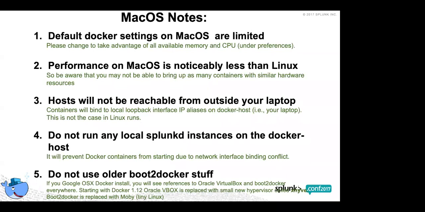It'll tell you, hey, I see one of those weird names that Docker assigns to containers, this is not built by the script, delete it. So just make sure you delete all the containers ahead of time, don't run splunkd, and just have the script do everything for you. Last item, you can tell how old the slide is: it's boot2docker. That stuff doesn't really apply anymore, so we can just ignore that.